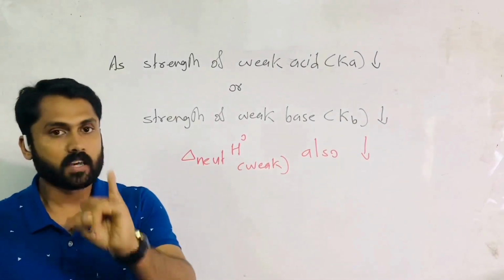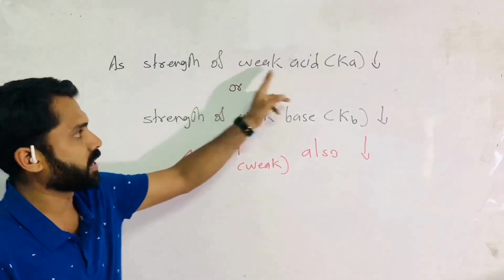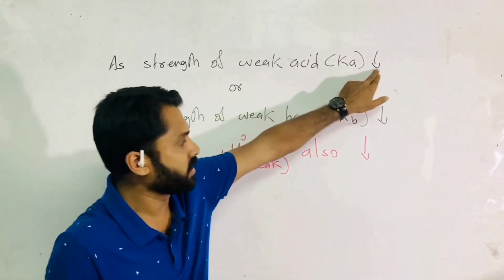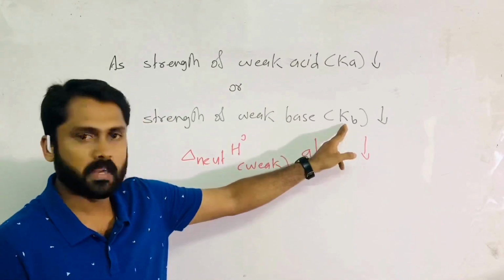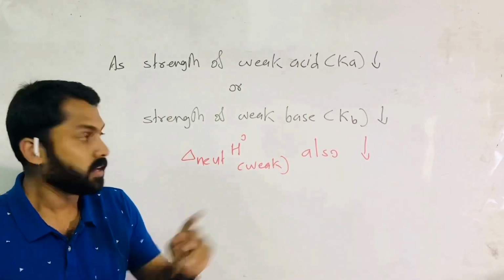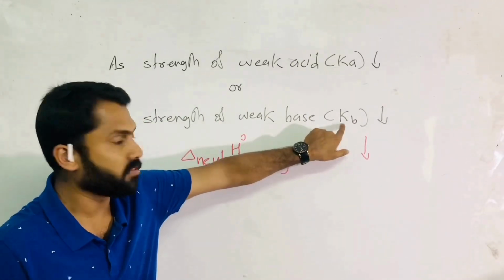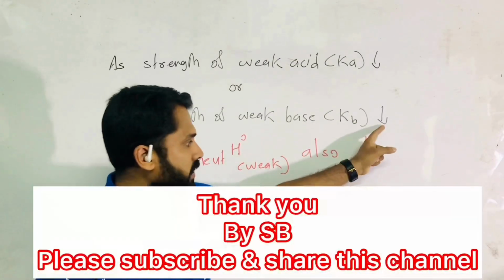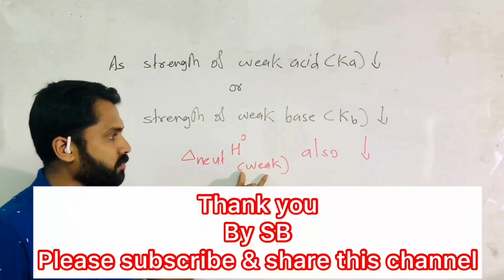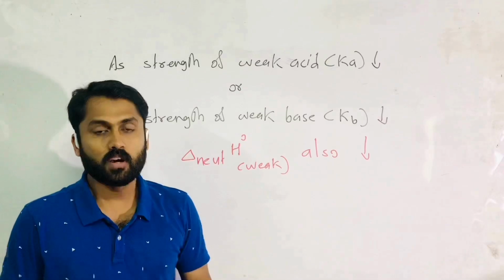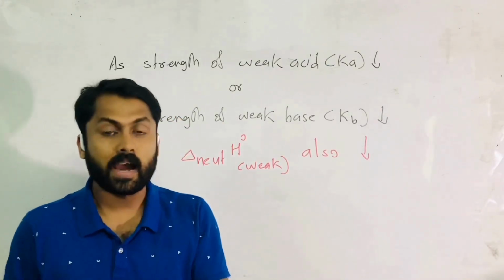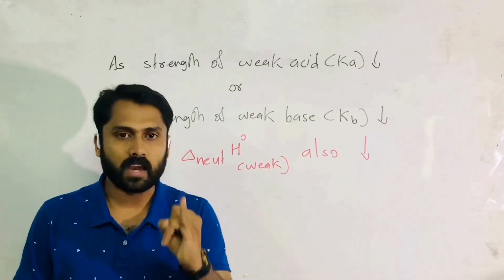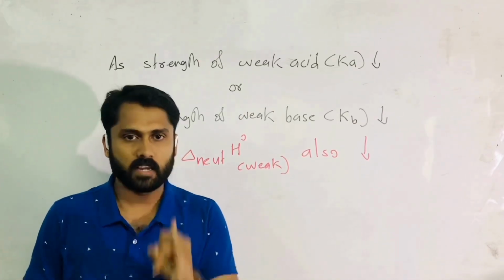Ka means dissociation constant of weak acid. If Ka decreases, neutralization enthalpy of weak acid decreases. Kb is the dissociation constant of weak base. If Kb decreases, neutralization enthalpy of weak base also decreases. So this is the final point: neutralization enthalpy decreases as the strength of weak acid or weak base decreases. Thank you.